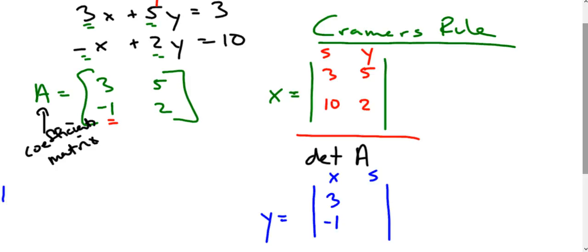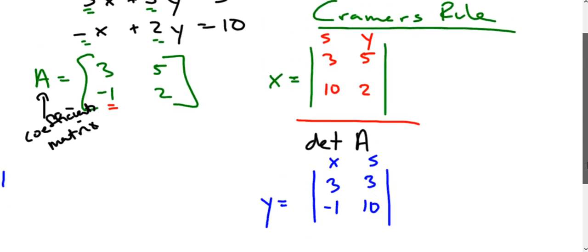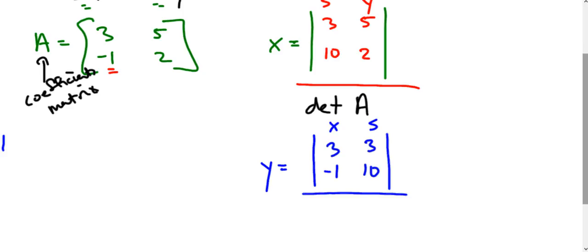I'm replacing y with 3 and 10. So once again, you can see where we have an x and y of the solutions, replacing that. Now, just like we did with the x's, we're going to find the determinant on top, and we're also going to take the determinant of A. So that is what we're using with Cramer's rule. That is it. It's a cool little way of solving a system using matrices.